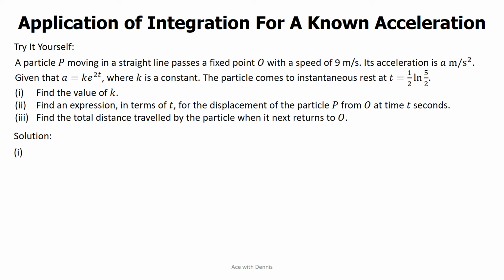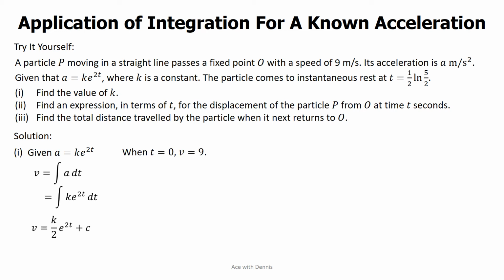So here's the solution for part 1. Given that a equals k times e to the power of 2t, we want to find the equation of velocity first, which is v equals the integration of a dt, or the integration of k e to the power of 2t dt, and we get v equals k over 2 e to the power 2t plus c.